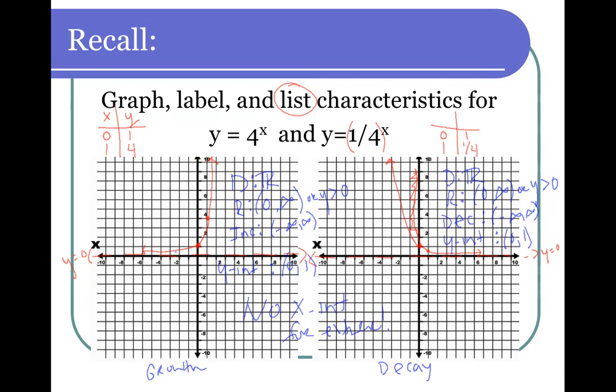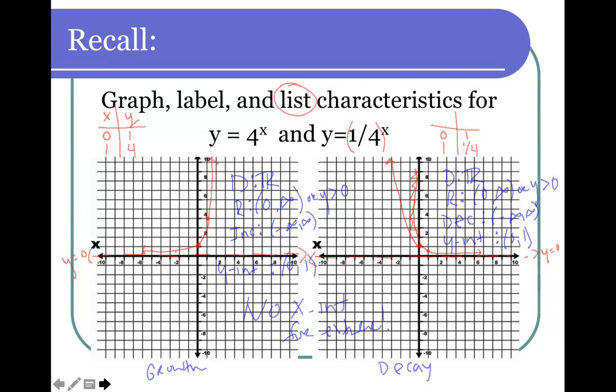I hit on some key points. They're both functions. They're both one-to-one functions, which would mean that their inverses would be functions. We will talk about more characteristics later, but I think I hit on the key ones for this.